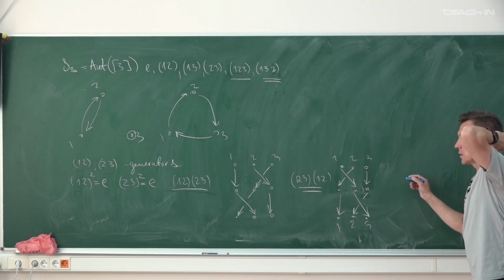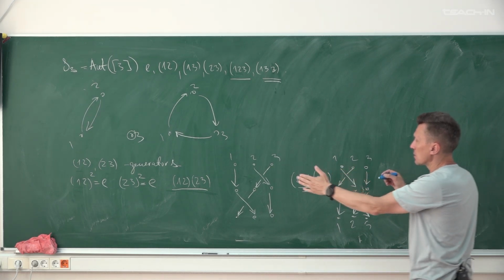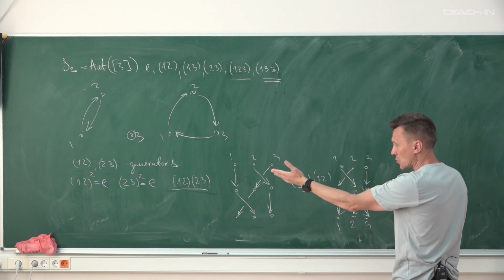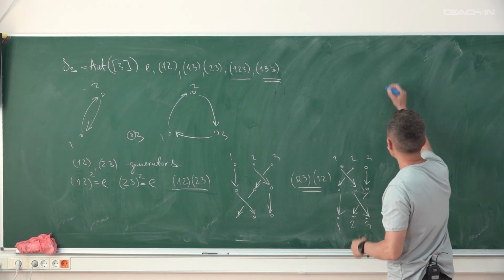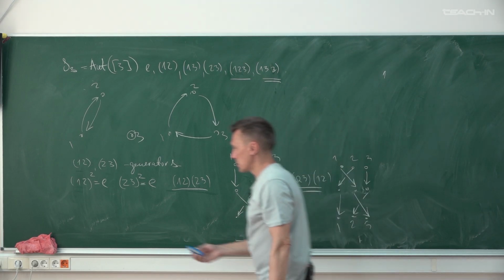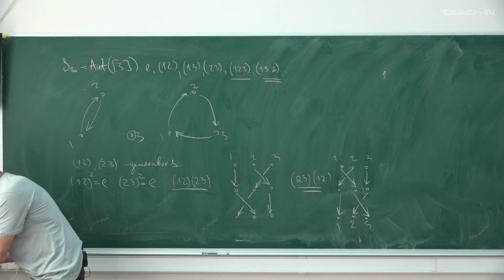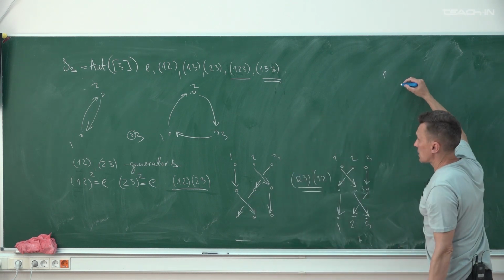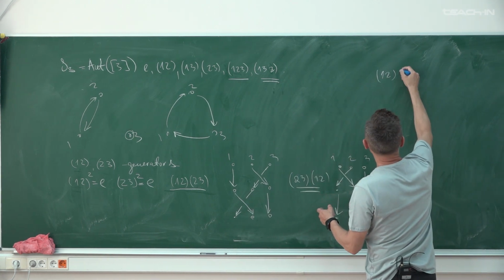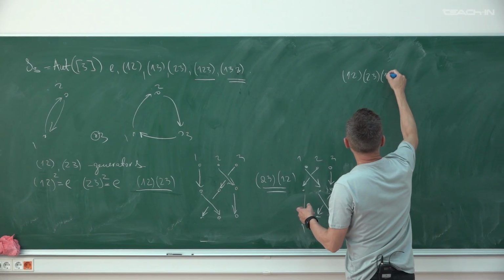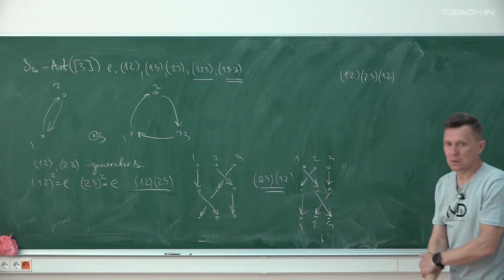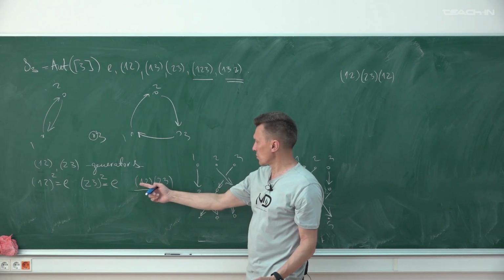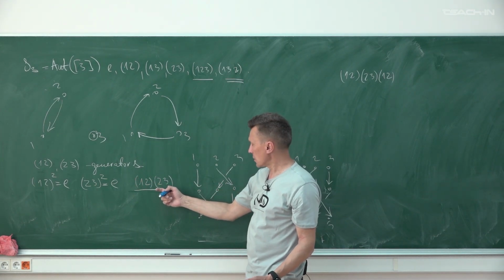Okay, and there is another. There is an element of the power 3 in this group in terms of this set of generators. Let us take the monomials of power 3.